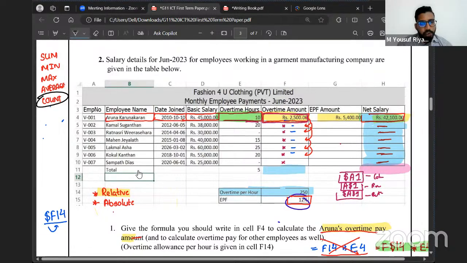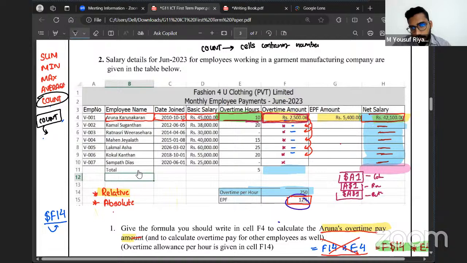Now tell me, will the count function count numbers? Let's say a cell has a number. If a cell has a number, will the count function consider that cell? Yes, it will. If a cell has letters, no. If it has symbols, again no. Keep in mind, the count function will count the number of cells containing numbers only.